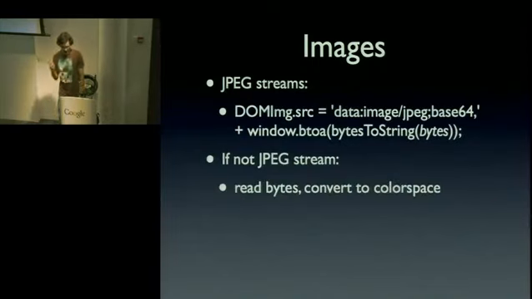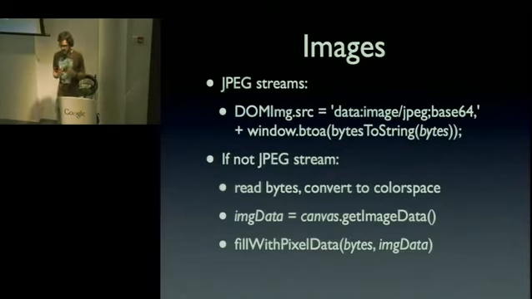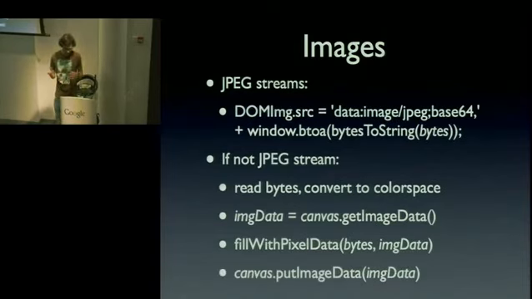We read the bytes, convert them to the color space, take some image data of the right size from a scratch canvas, fill in the pixel data, put the image data on the canvas, and draw the entire canvas onto our PDF canvas. This is really a lot of work, but it still performs quite well.